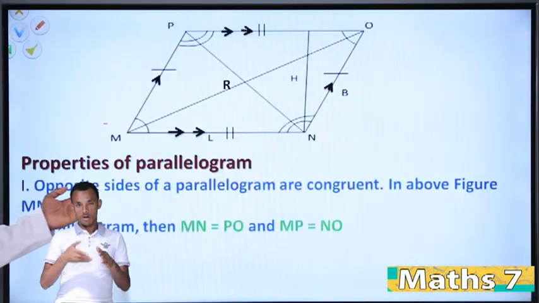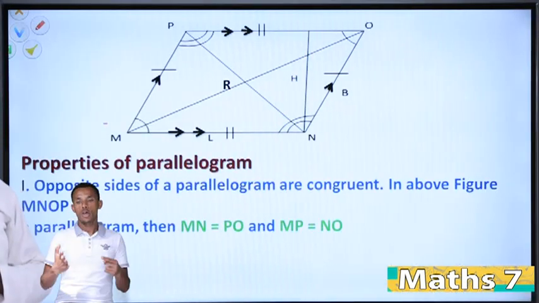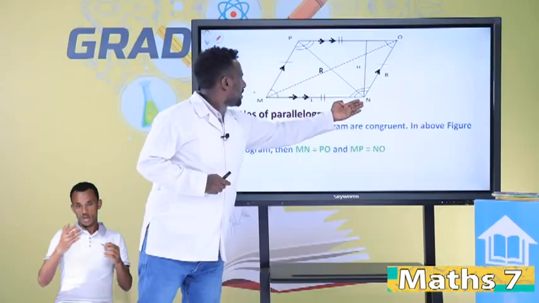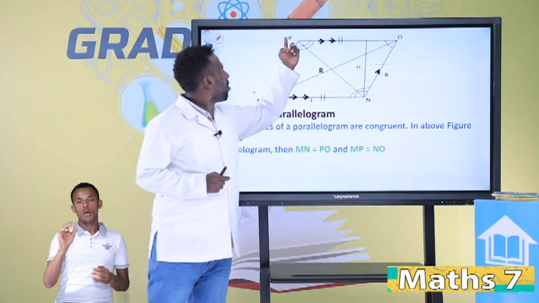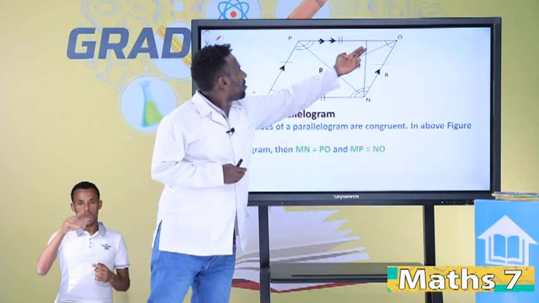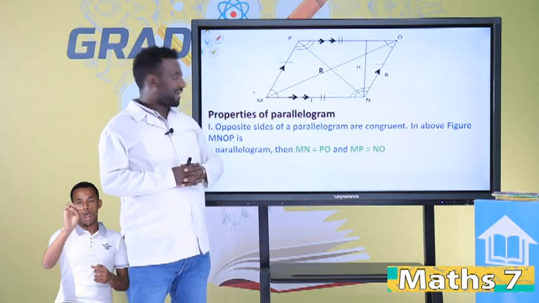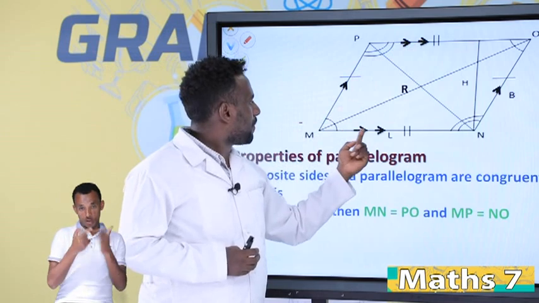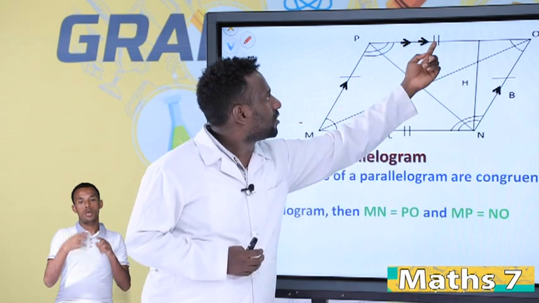The first property is that the opposite sides of the parallelogram are congruent. The opposite sides MN and PO, and the opposite sides MP and ON, are parallel. This mark indicates the parallelism, and these marks are the congruency.